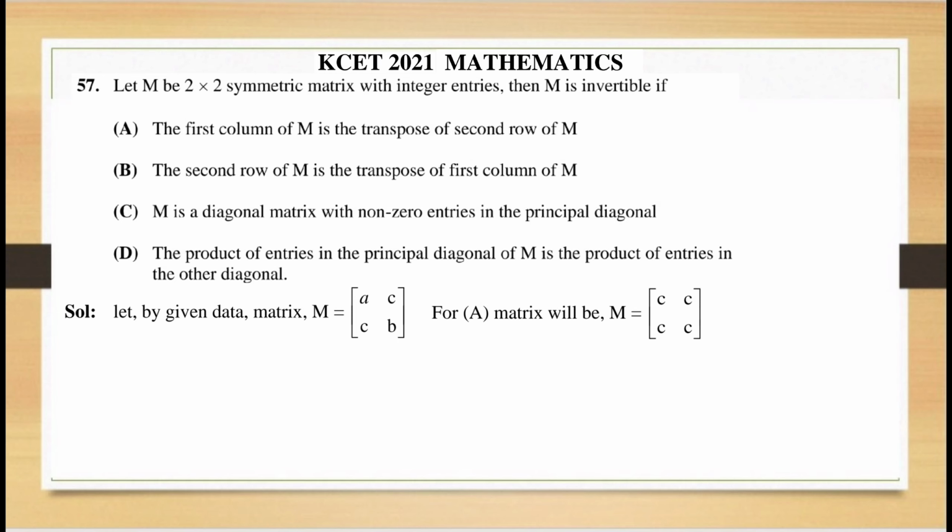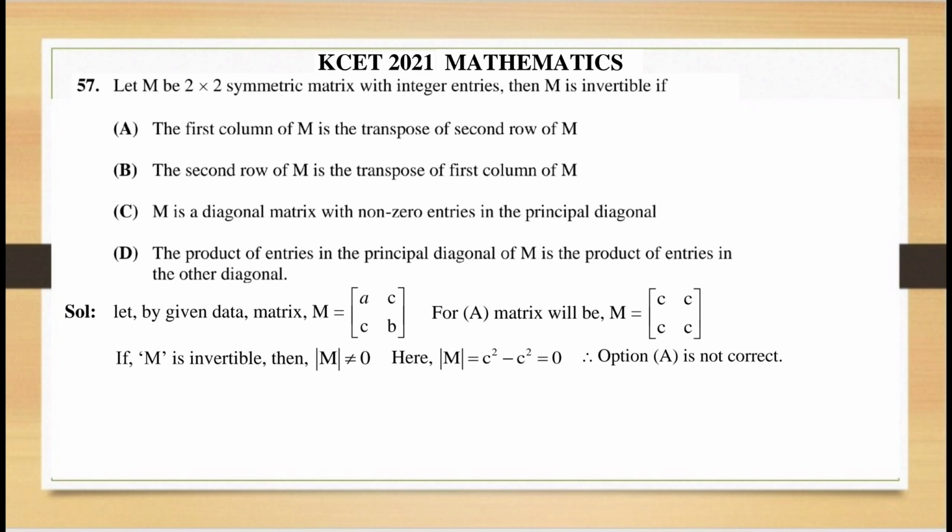So if M is invertible, then determinant of M should not be equal to 0. But here, the determinant equals c² − c², which equals 0. So option A is not correct.